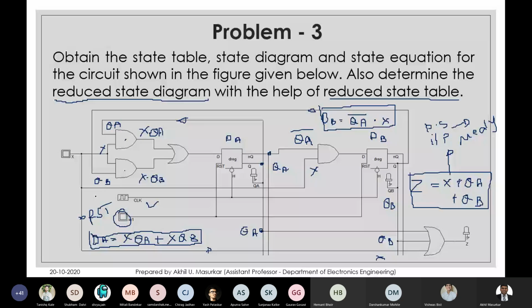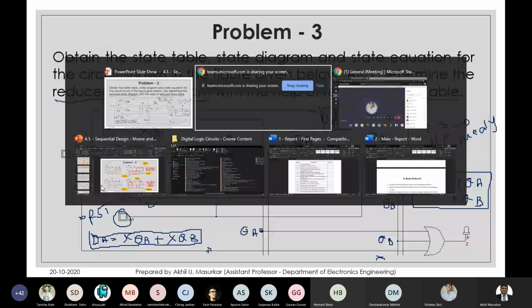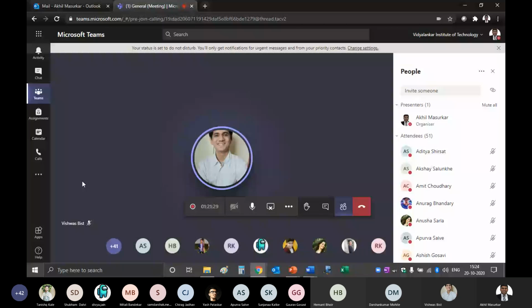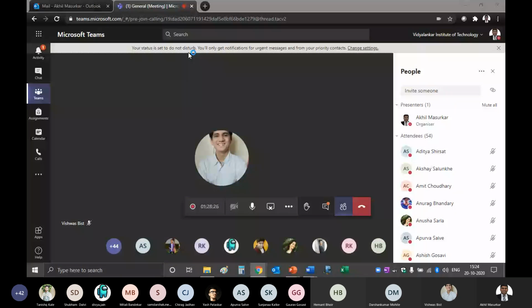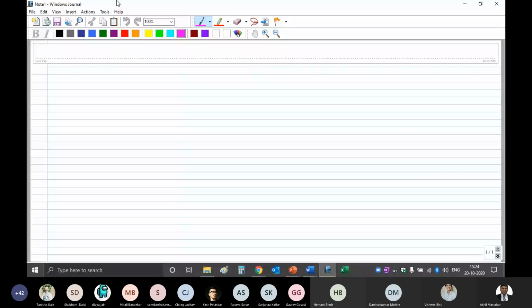Since we have done so much of counters, I want to tell you one small concept now. This is the right time to tell you that. You can see that we had these states like this. I think Sanjana and Mitali gave the answers.